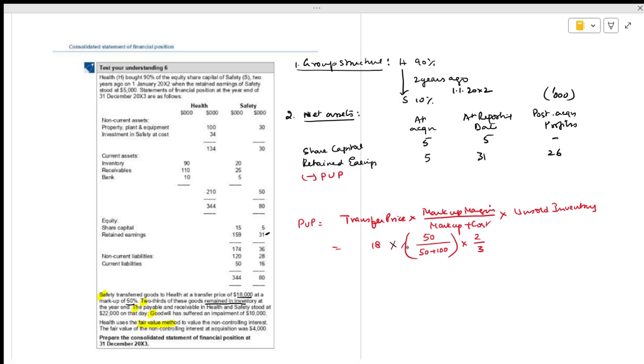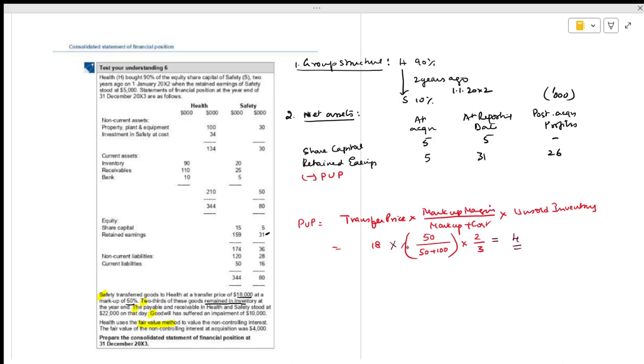How much will we get? 18 times 50 divided by 150 times 2 over 3. It comes to 4. This is the unrealized profit.